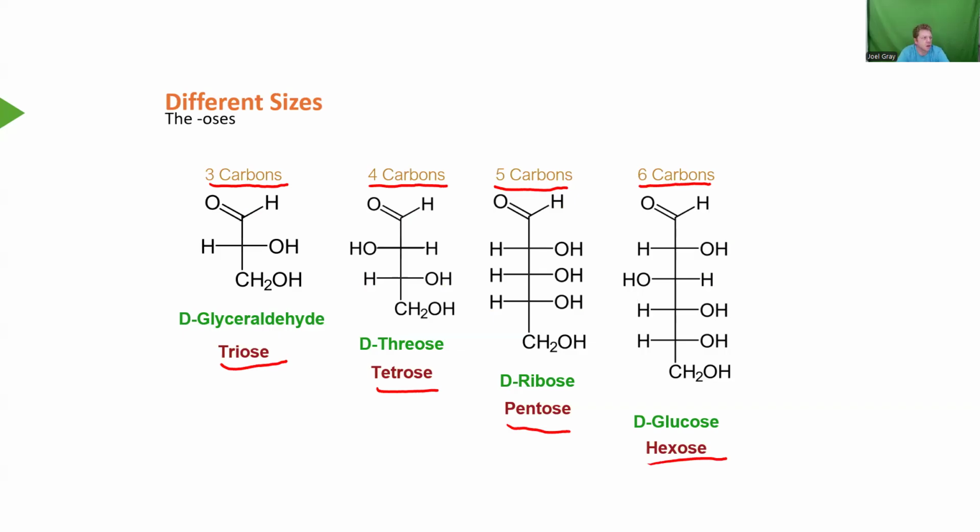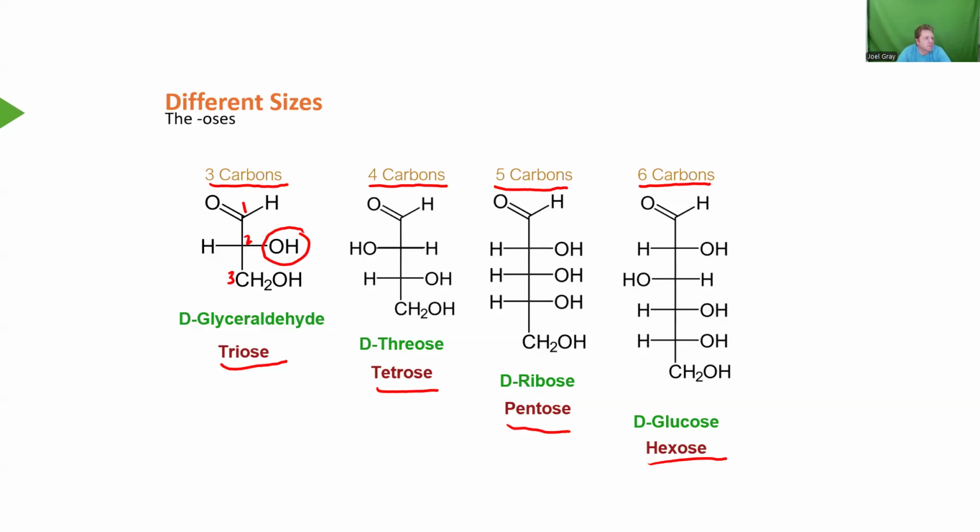Now, one of the things that I want you to look at is we have carbons at number 1, 2, and 3. If you look at carbon number 2 in glyceraldehyde, we have a hydroxide group or an alcohol group on the right side of the molecule. That's really important. If that OH group is on the right-hand side or the left-hand side of the molecule, that's going to give you a different sugar.